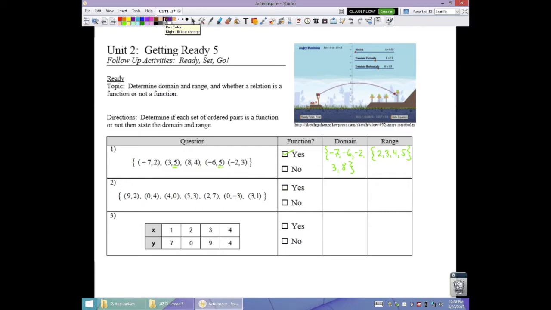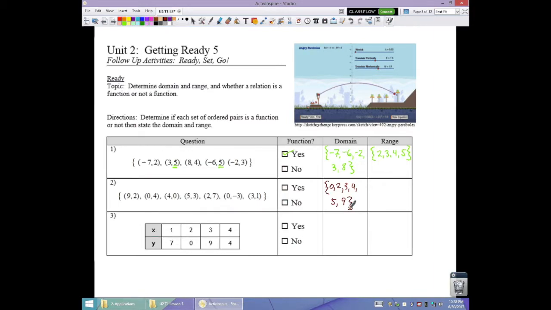Okay, and number 2, maybe I could just do my domain as I'm looking at these. So the x values from least to greatest are 0, 2, 3, 4, 5, and 9.